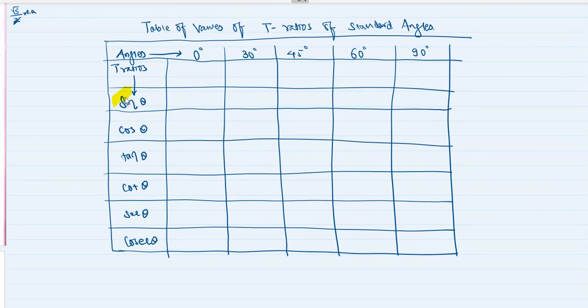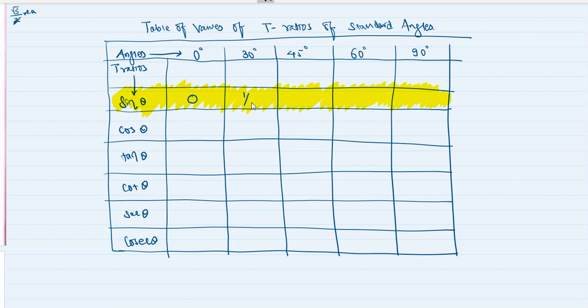The only thing you will memorize is this particular row, the values of sine of some standard angles. And the other part of the table will be filled by us using some techniques which I'm going to share with you. So remember that sine of 0 degree is 0.